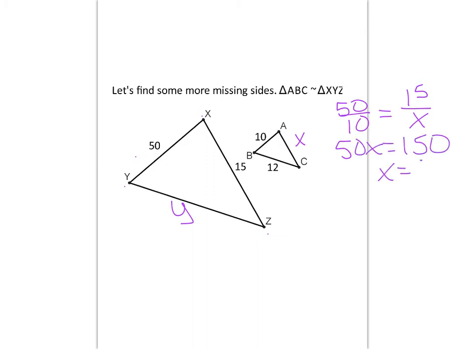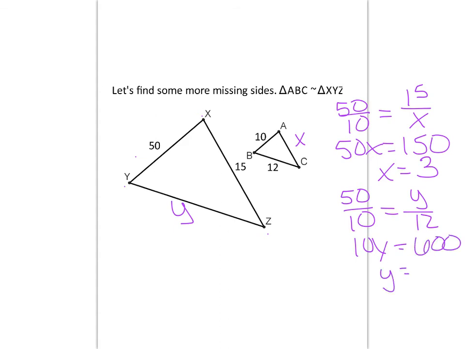X would be 3. Again, I'm going to do 50 is to 10, as Y would be to 12. That would give me 10y equals 600. So y would be 60.